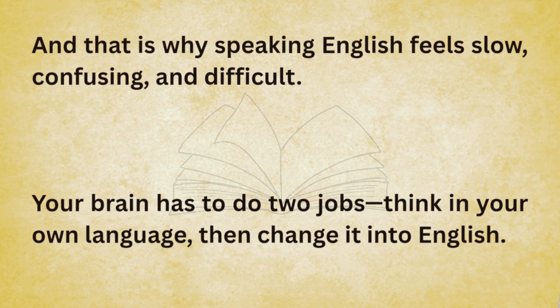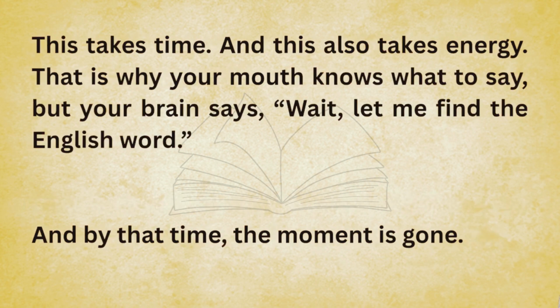Your brain has to do two jobs: think in your own language, then change it into English. This takes time, and this also takes energy. That is why your mouth knows what to say, but your brain says, "Wait, let me find the English word." And by that time, the moment is gone.